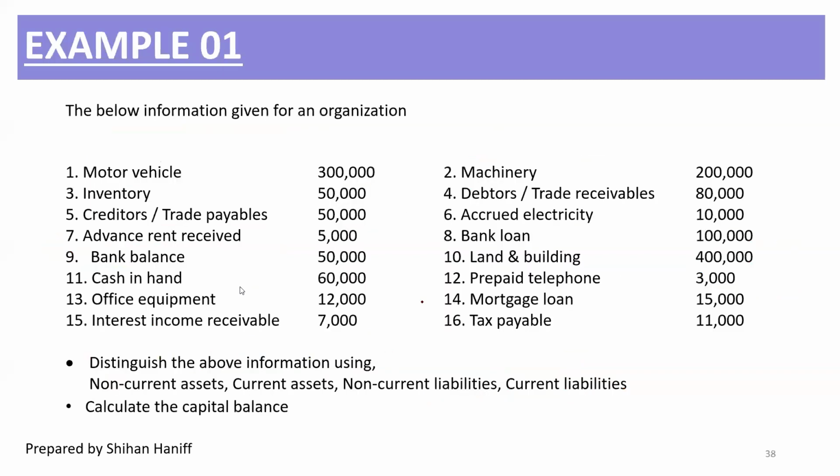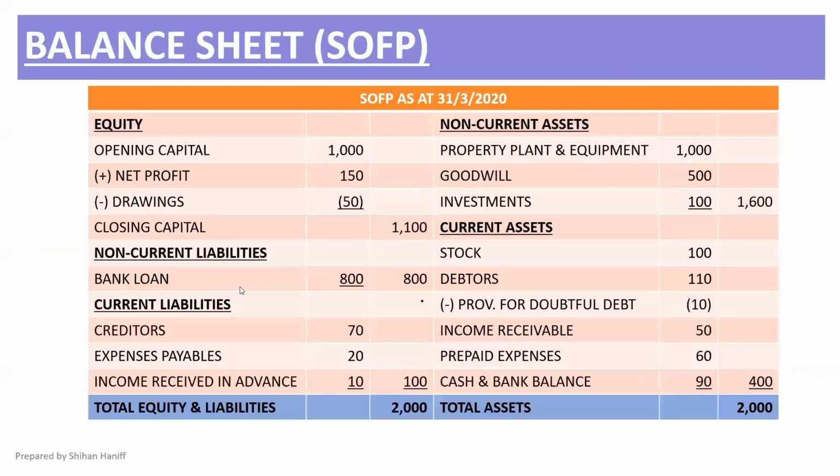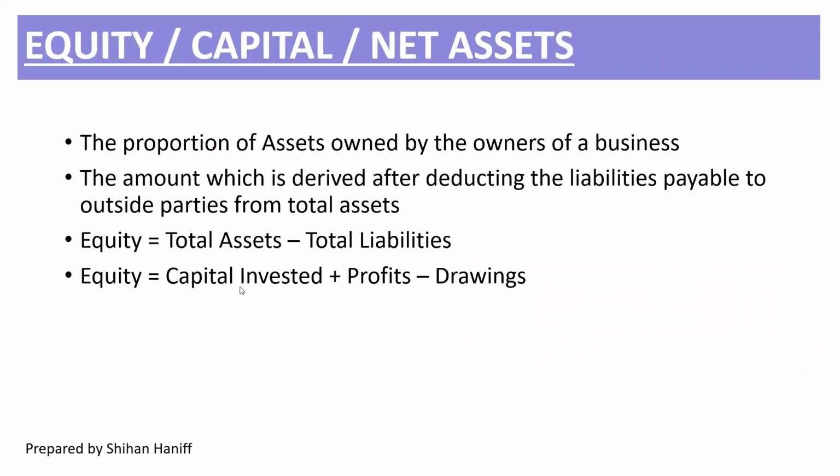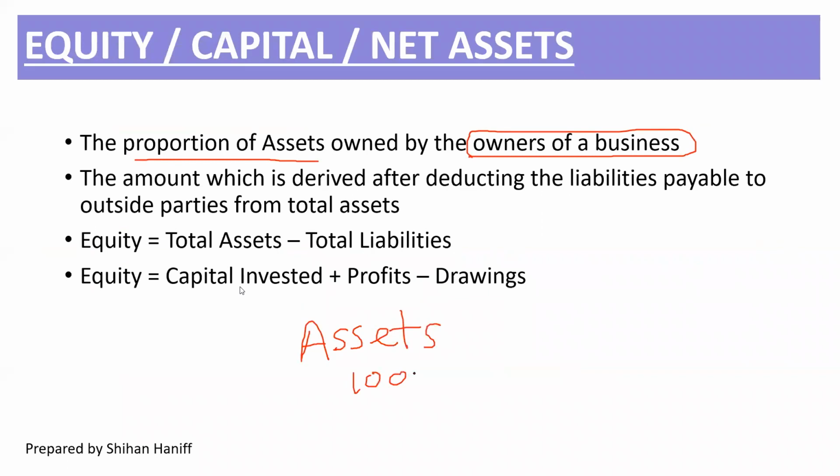Next, the equity. Equity means the proportion of assets owned by the owners. How much belongs to the owners of the business? It's simple. Let's say we have total assets of 100,000.